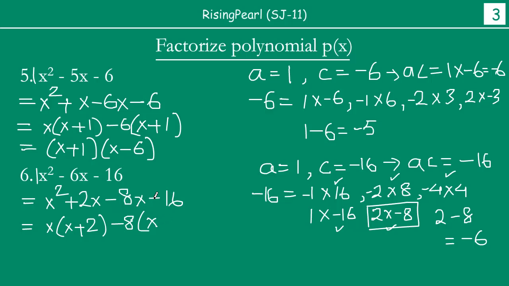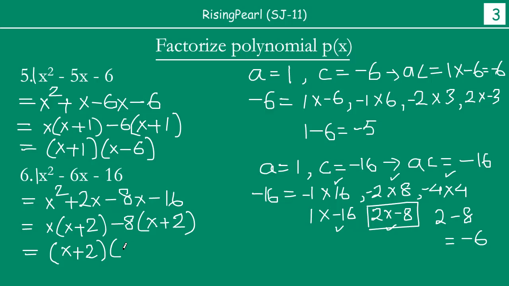And to get minus 16, we have to multiply 8 by 2, but it should be plus 2. Because अगर आप minus 2 से multiply करते हो, minus 8 minus 2 will be plus 16, but you have minus. So you have to multiply minus 8 by plus 2. And then दोस्तों आप देखोगे कि अगर आप इन दोनों terms में से common लेते हो, clearly x plus 2 is a common term.